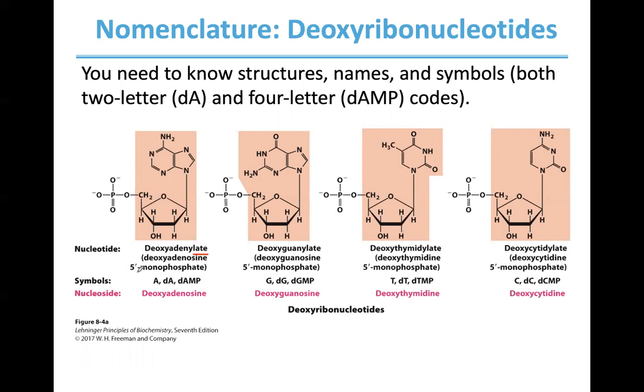And you may ask, why not just use adenylate all the time? There are, for example, with ATP, right? Remember ATP? Anybody remember what ATP stands for? Adenosine triphosphate. Yes.